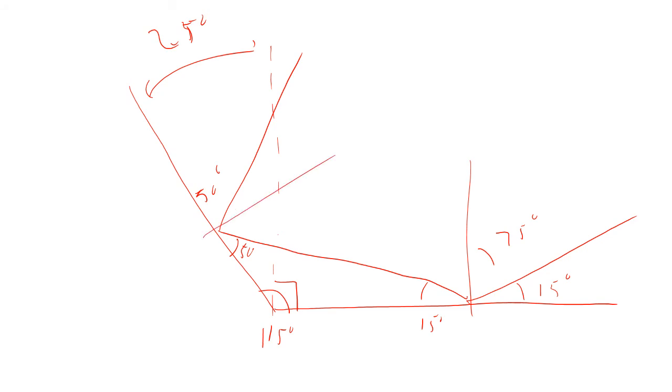Okay. So that means that this angle is 25, that is 50, so this angle right there is also 25 degrees. And so that means that we can now find the angle right there between the incoming and the outgoing, and that is now going to be equal to, actually 175 degrees.